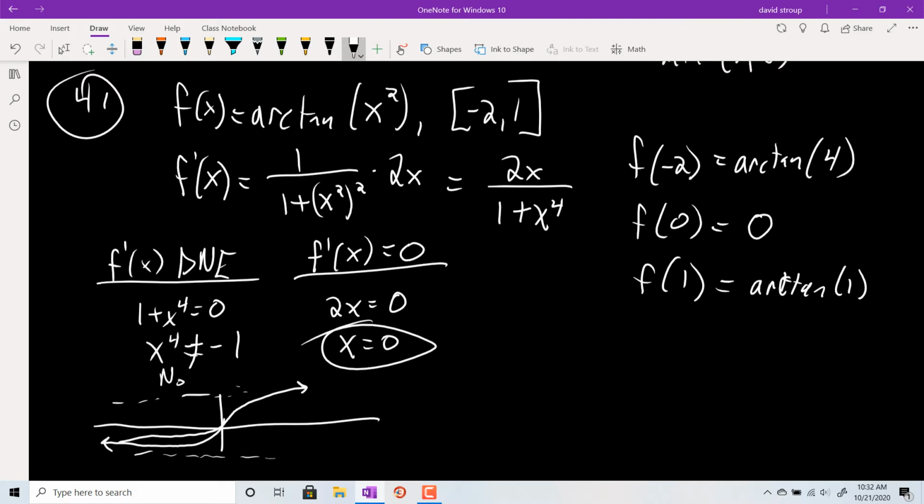In other words, the max will be arctan of 4, and of course you could use your calculator to figure that out, but I'm just going to write, the max is at -2 comma arctan of 4, and then the min will be at 1 comma arctan of 1.